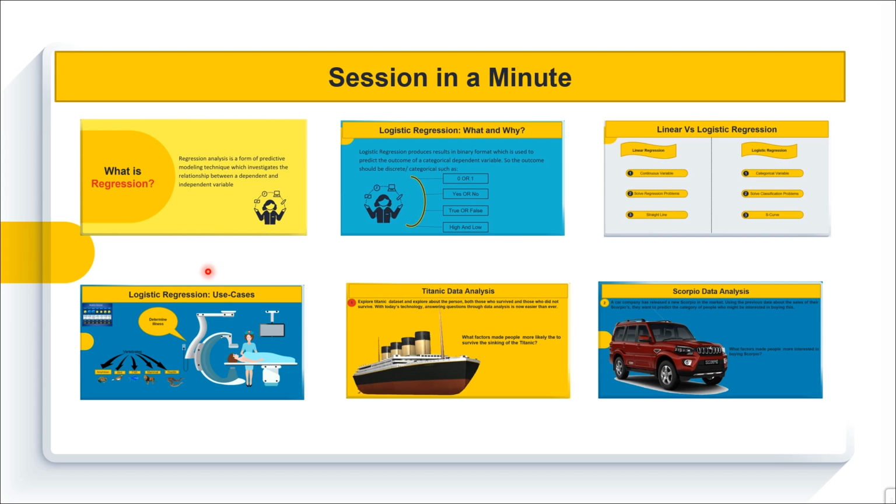We have also seen the various use cases where logistic regression is implemented in real life, and then we picked up two projects, Titanic Data Analysis and Scorpio Prediction. Here we have seen how you can collect your data, analyze your data, then perform modeling on that data, train the data, test the data, and then finally calculate the accuracy.